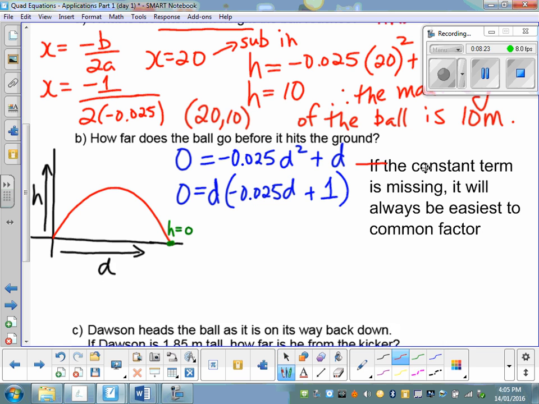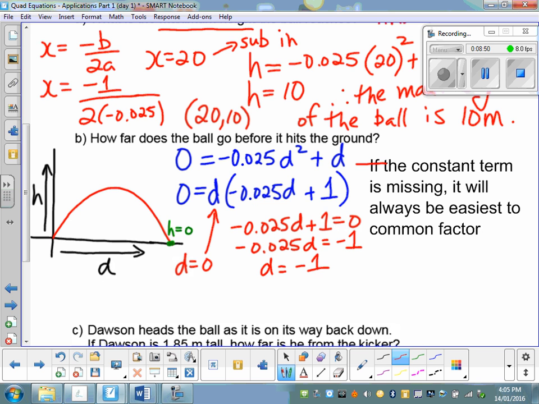And when I'm solving this situation here after I common factor, from here, D is equal to 0. From here, this thing in the bracket could be equal to 0. And if I solve this equation, so I'll divide by that, the value that I get for D is 40.